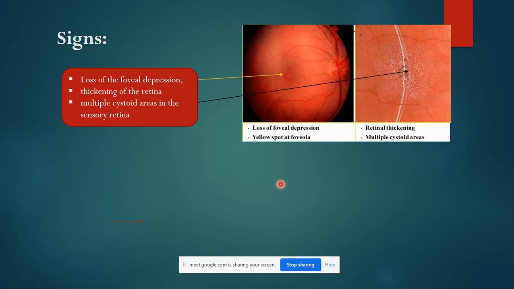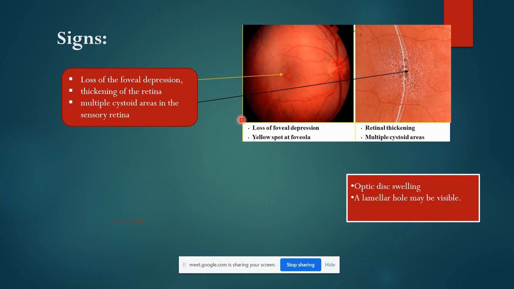Coming to the signs, as we had discussed, there is a loss of foveal depression. We all know there is a foveal depression at the center. Okay, so there will be a thickening of the retina, and then there are multiple cystoid areas in the sensory retina. So these are the signs which we consider in CME.